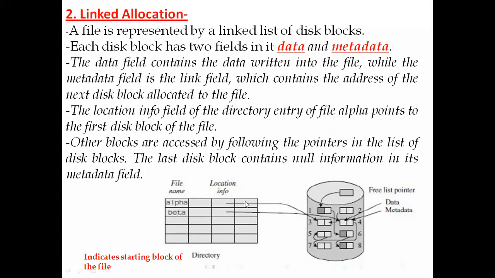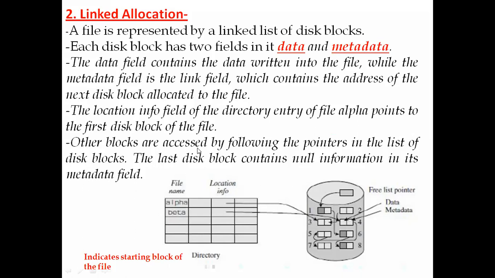This line you're seeing is the location information of the file alpha, and it points to the first entry in the disk block, which is equal to 3. Are you seeing this line? Yeah.